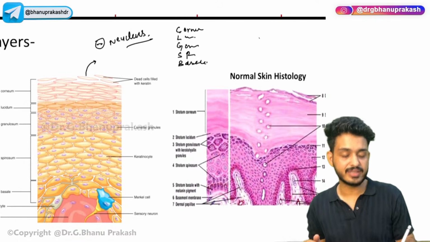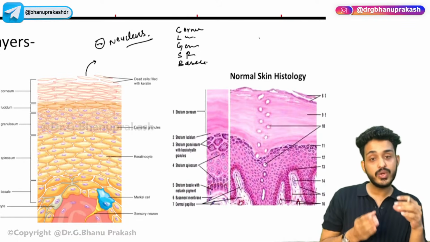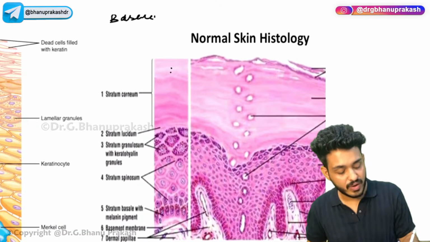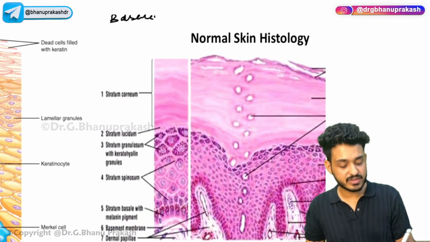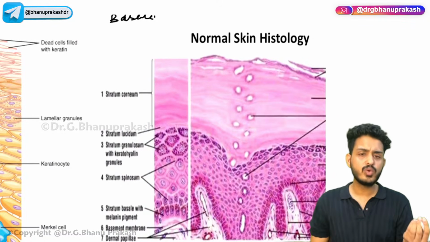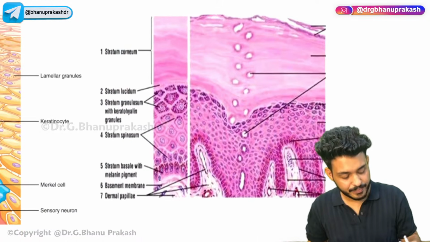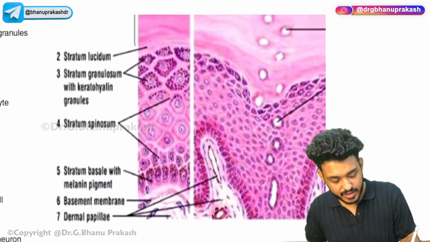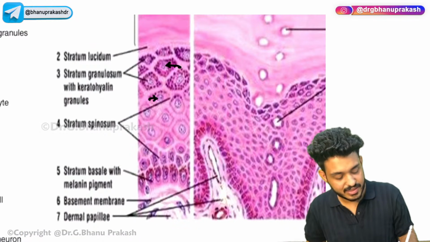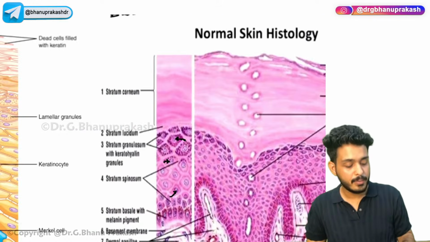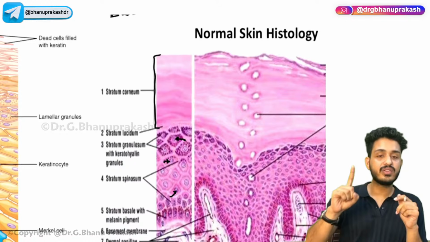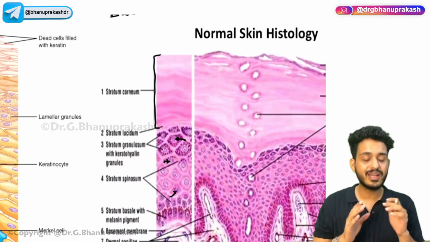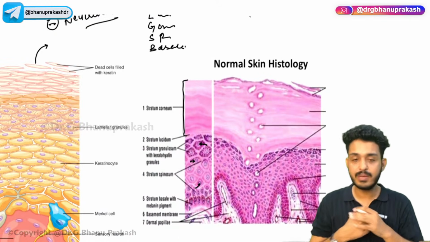If there is no nucleus, we will not find any blue color structure, because nucleus gives a blue color structure. Look here, these cells are nucleated, but stratum corneum is devoid of nucleus. Point number 1 that you have to remember: stratum corneum has no nucleus.